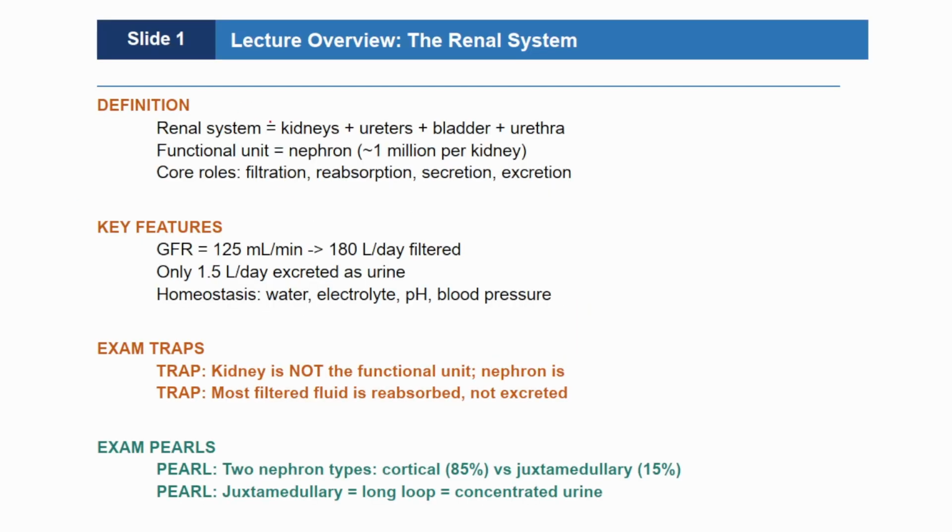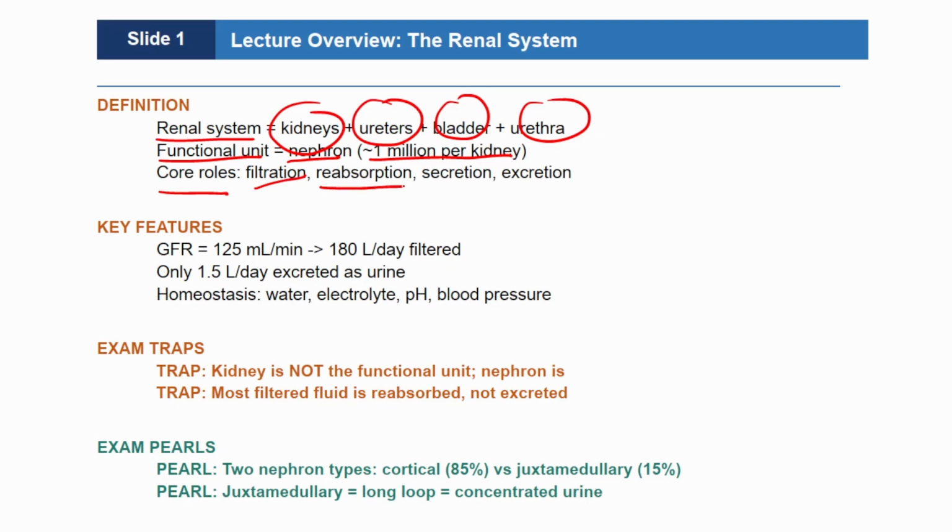The renal system is structurally defined as the combination of the kidneys, ureters, bladder, and urethra. Its true microscopic functional unit is the nephron, numbering roughly 1 million per kidney. The system operates through 4 core physiological roles, which are filtration at the glomerulus, reabsorption along the tubules, secretion into the lumen, and final excretion from the body.